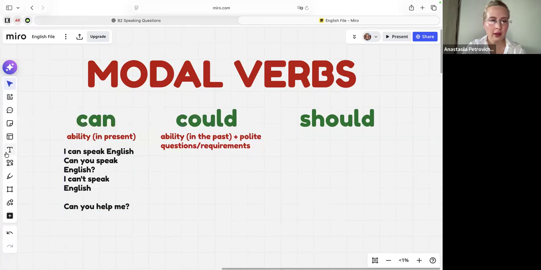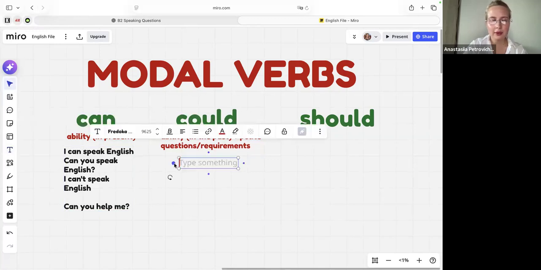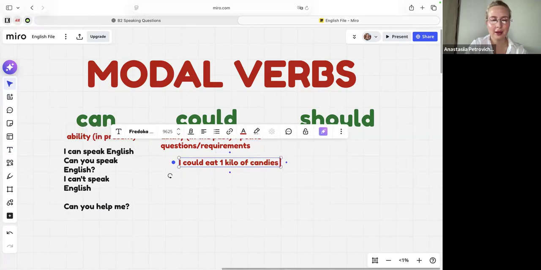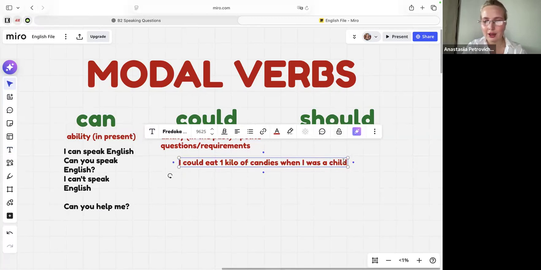So the first example will be, I could eat 1 kilo of candies when I was a kid. That's true, by the way. I could eat 1 kilo of candies when I was a child. Let me make it all nice.